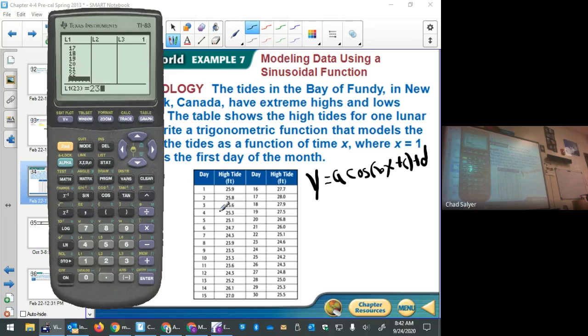Trust me. All right, now we go over to L2, and we'll put in the tides. It'll be real easy to mess these up.